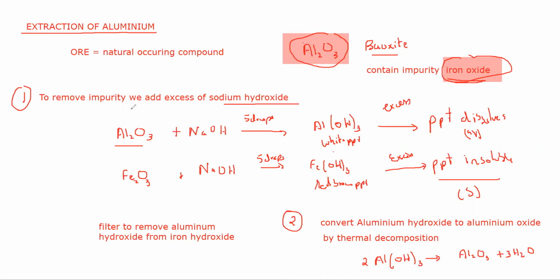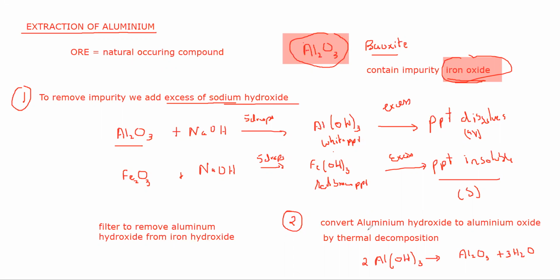So first we remove the iron oxide from aluminium oxide by adding an excess of sodium hydroxide. When we add too much sodium hydroxide, aluminium hydroxide will form a precipitate which will dissolve in excess, but iron 3 hydroxide will form a precipitate which remains insoluble in excess. Then we simply filter to remove aluminium hydroxide from iron hydroxide.